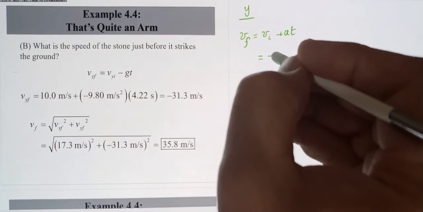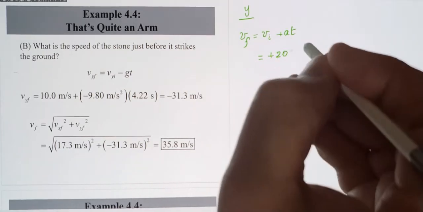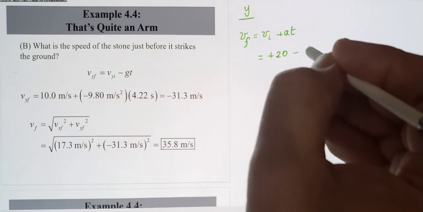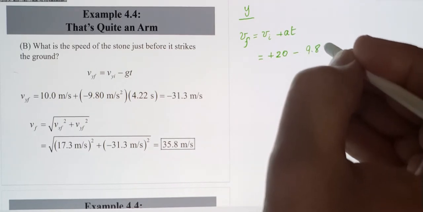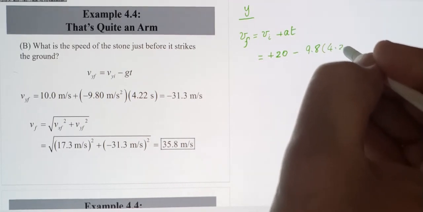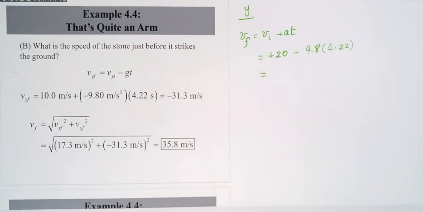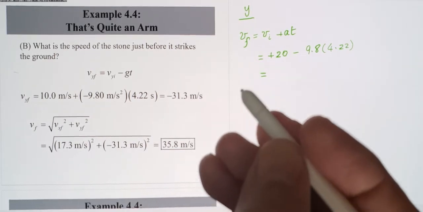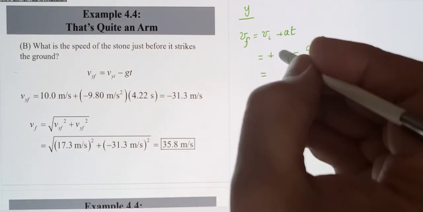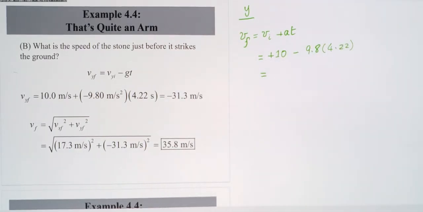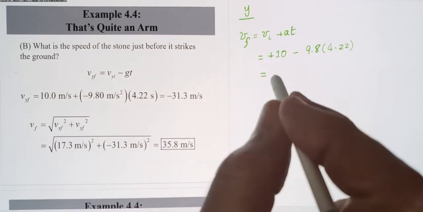It was plus 20 minus 9.8 multiplied by 4.22 second. V initial was 10, sorry. What's this answer?